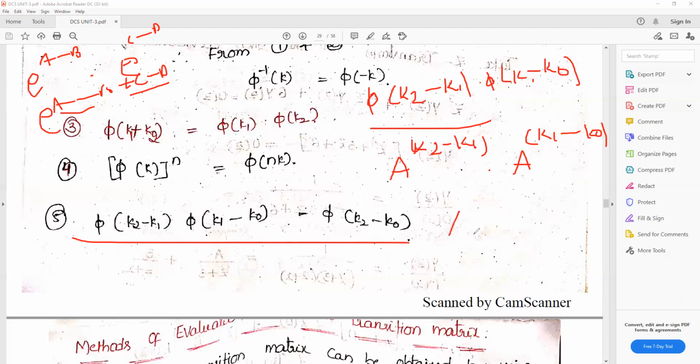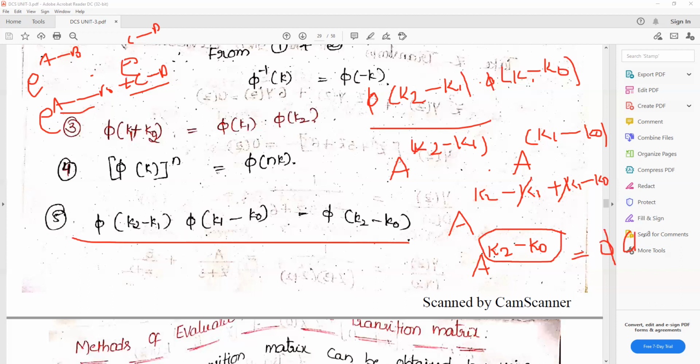So a power of k2 minus k1 plus k1 minus k0, the k1 terms cancel. The power of k2 minus k0, a power of k2 minus k0. So this is changing from k2 minus k0.